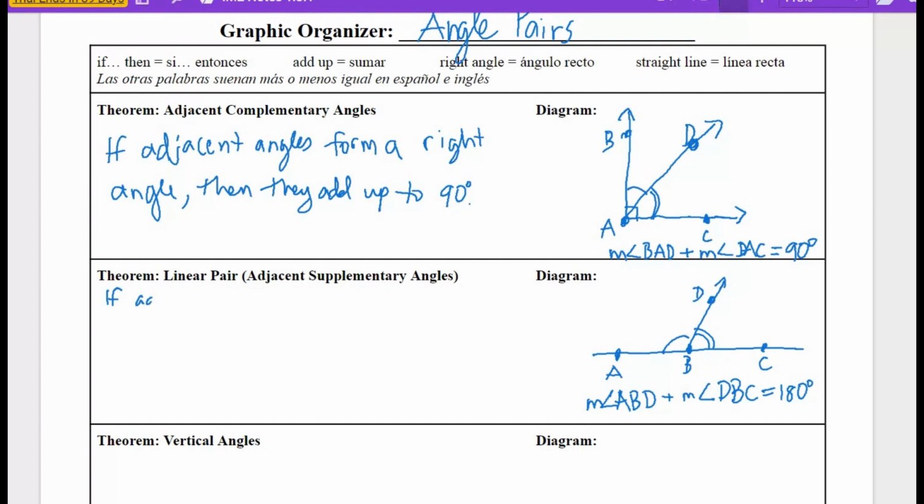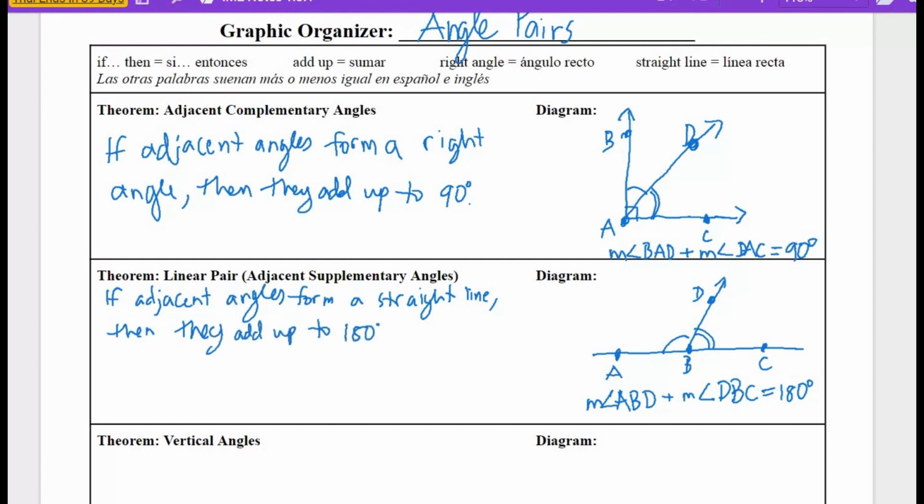If adjacent angles form a straight line, then they add up to 180 degrees.